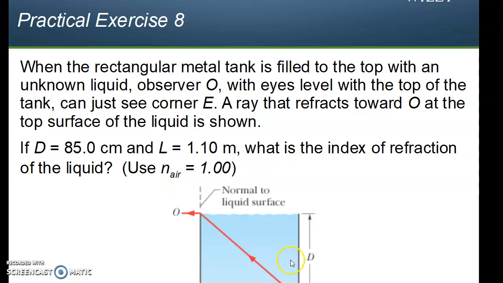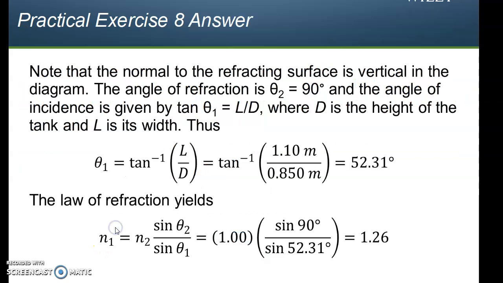Okay, and so it's air here, and you're going through this liquid here. It must be strange because obviously you're not taking into account any of the glass there either. So this is the way in which the problem works out.